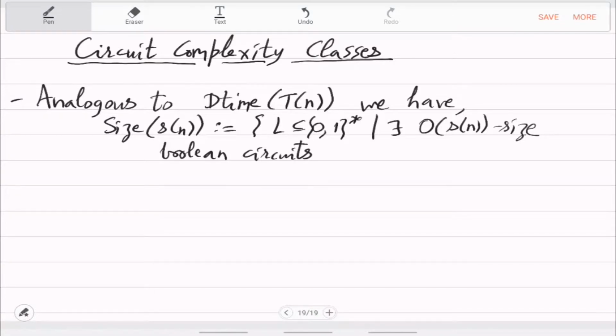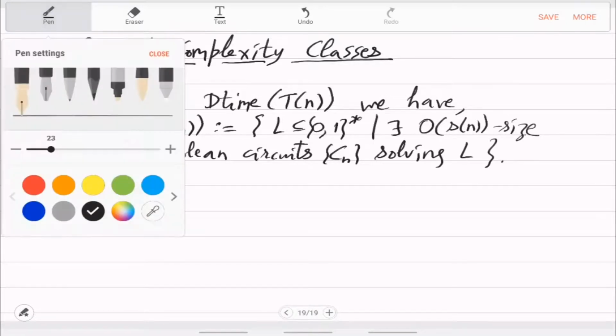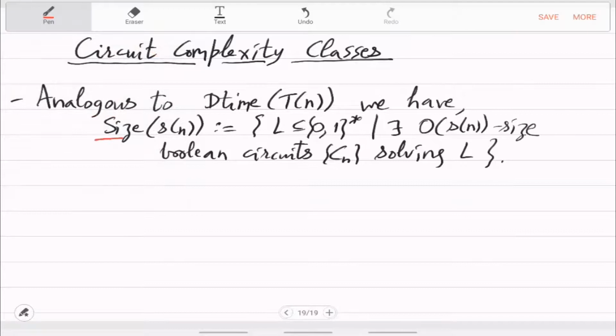Boolean circuits Cn solving L. So for Boolean circuits, this is the first complexity class you need for a function S. SIZE(S) collects all those problems which require only order S(n) size Boolean circuits.